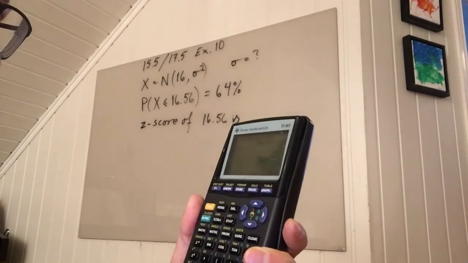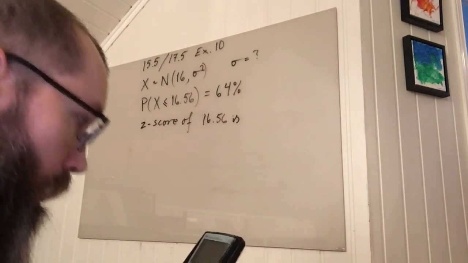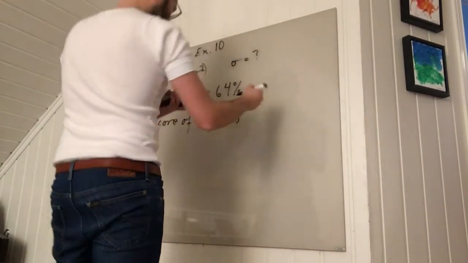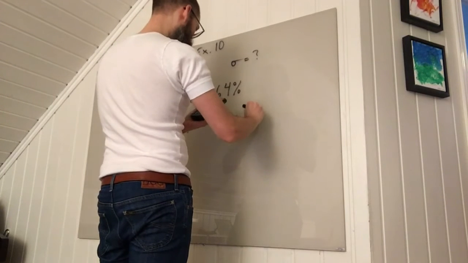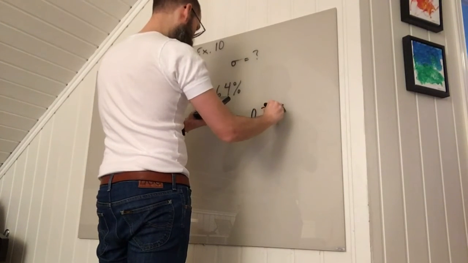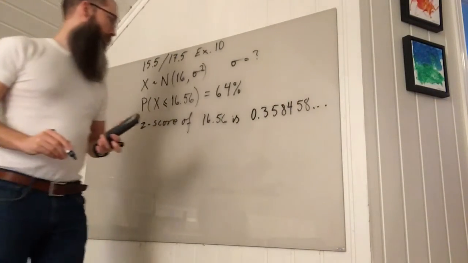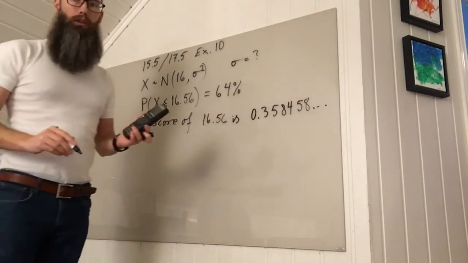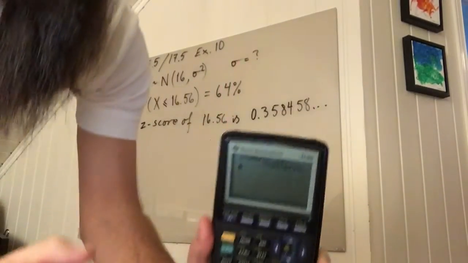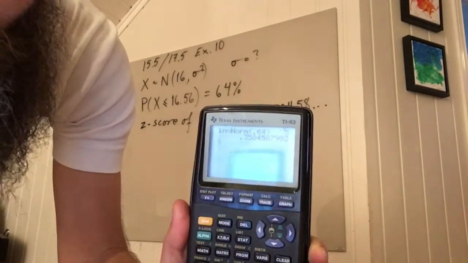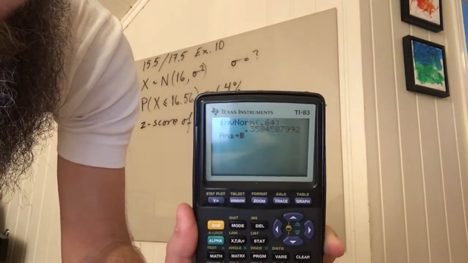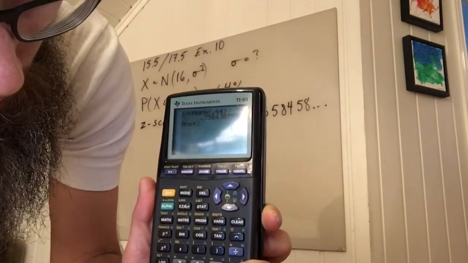And we get 0.358 approximately. So that's the z-score. And I'm going to store this number to the variable z.